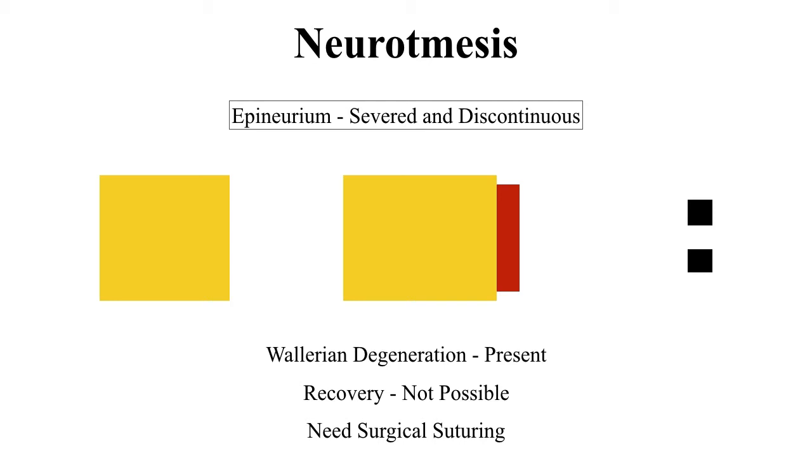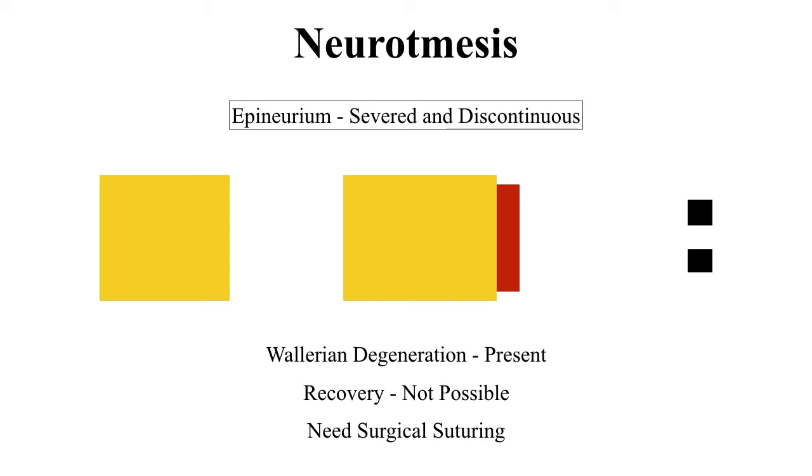So, Wallerian degeneration is present only when there is anatomical discontinuity, like seen in neurotmesis and axonotmesis, whereas it is absent in neuropraxia. Similarly, spontaneous recovery is possible in axonotmesis and neuropraxia, whereas in neurotmesis, it is a completely sectioned nerve and you have to suture the nerve surgically.